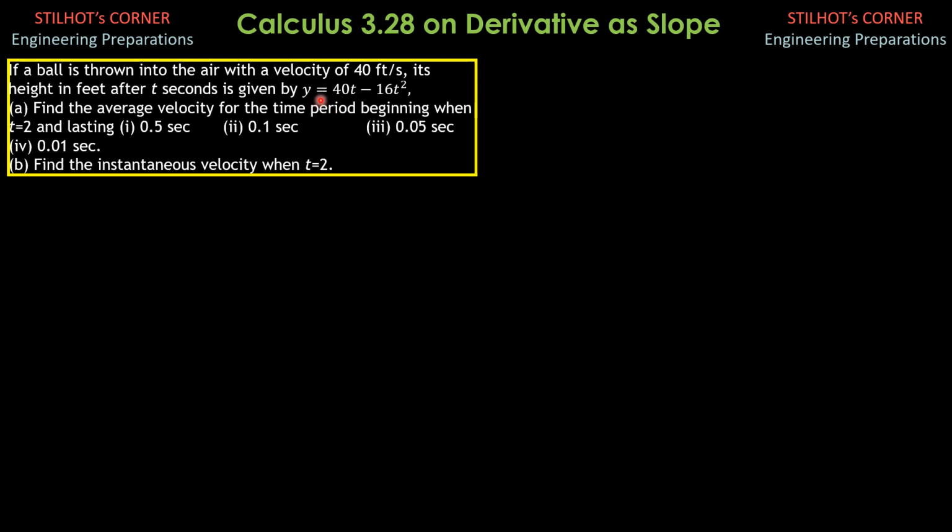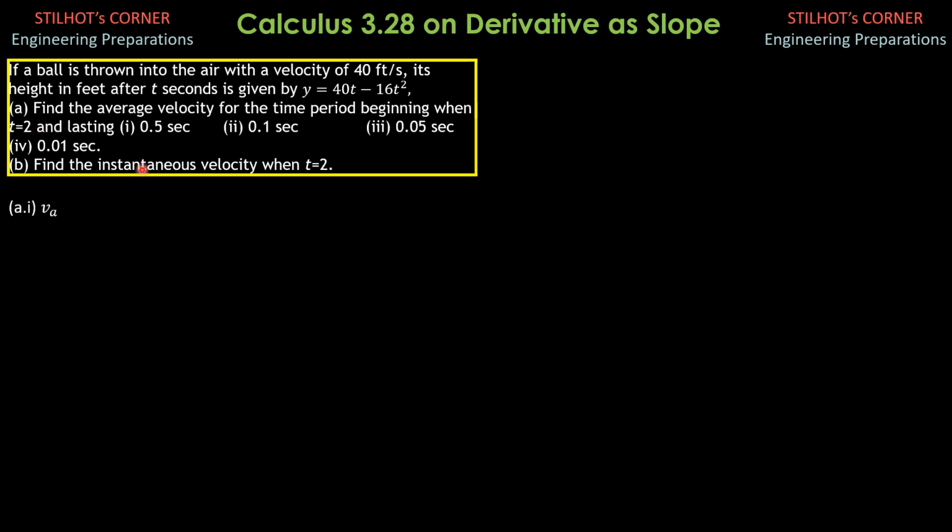So y when t is, for part 1, 2.5 minus y when t is 2 seconds. Then divide by delta t, and delta t is simply 0.5 seconds, or 2.5 minus 2.